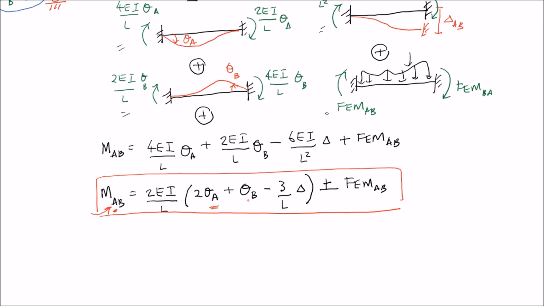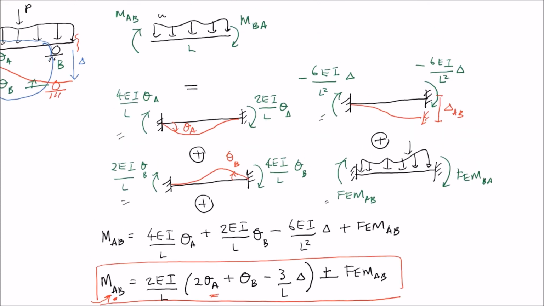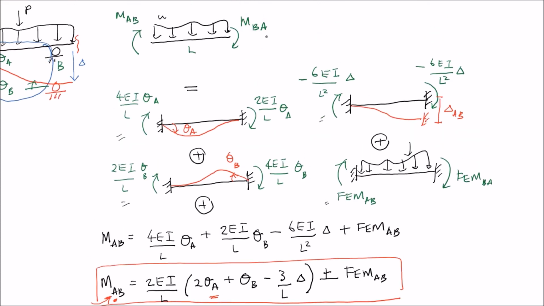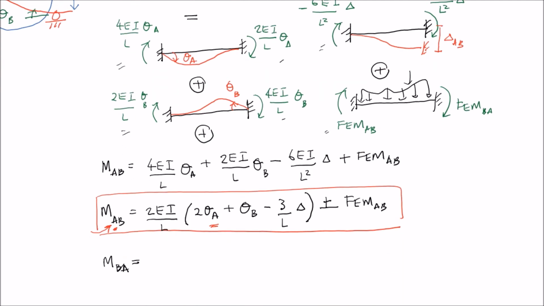Similarly, you can repeat the same procedure and calculate MBA. MBA would be all these added together. If I do the same thing, I take out 2EI over... so let's not do that. Let's write down the general equation first.